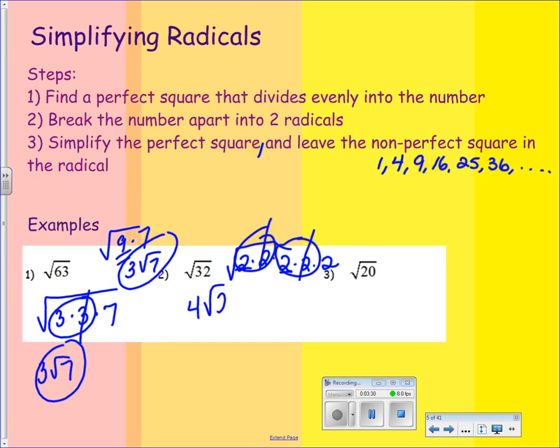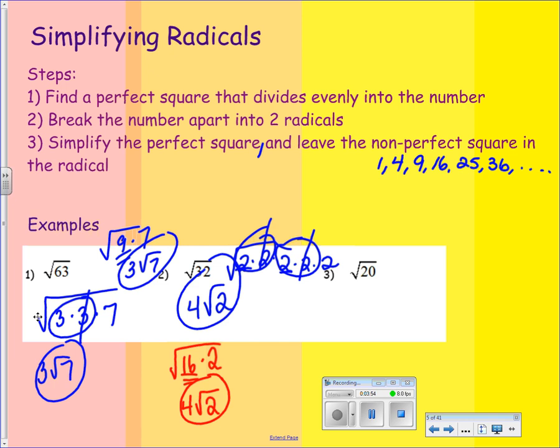And then I have 1 2 left in the radical, so it's 4 root 2 for my answer. Or if I did it the other way, the highest perfect square that goes into 32 is 16. So it'd be 16 times 2. The square root of 16 is perfect. He comes out. They did all their chores. The 2 is not perfect. It stays inside. 4 root 2.